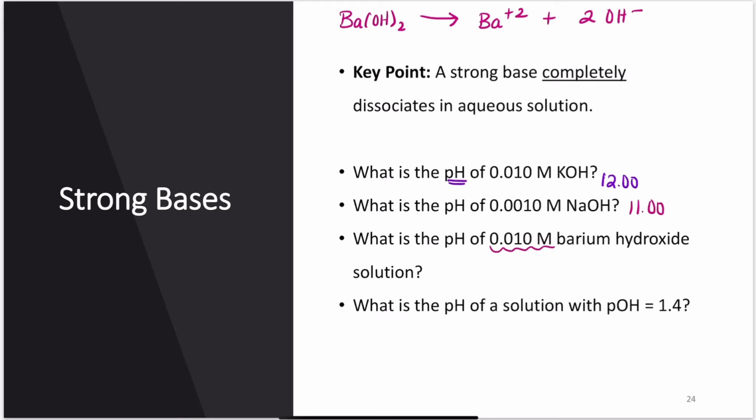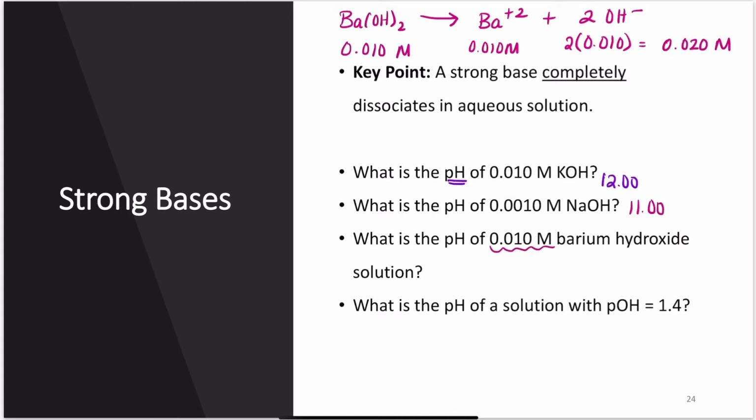What that means is if I have 0.010 molar barium hydroxide, I form 0.010 molar barium 2 plus and 2 times 0.010 molar OH minus, or the equivalency of 0.020 molar hydroxide ions in solution. For every 1 dissociated, 2 form.